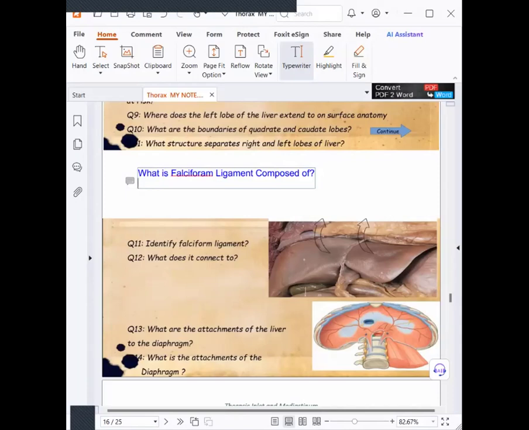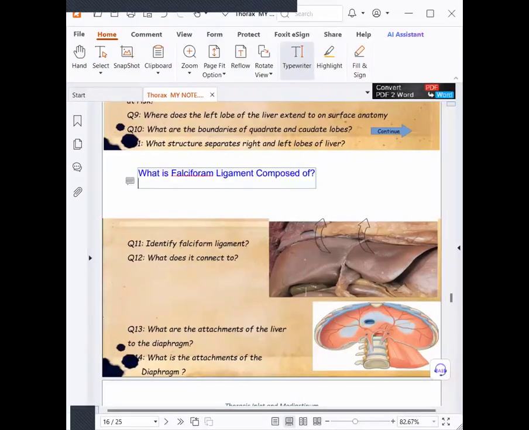Okay, so it is composed of two layers of peritoneum and fat. And what does it contain?